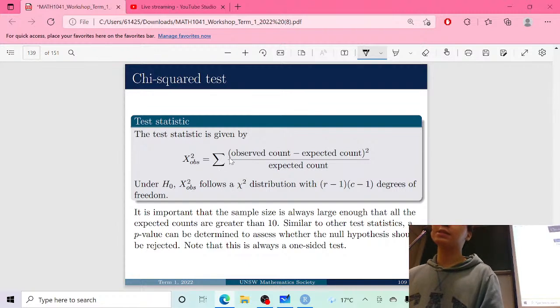And then the test statistic that you have here is just going to be the sum across all of the observed count minus the expected count, all squared, divided by the expected count. The expected count never changes. It's something that you would have already computed before dealing with the test statistic.